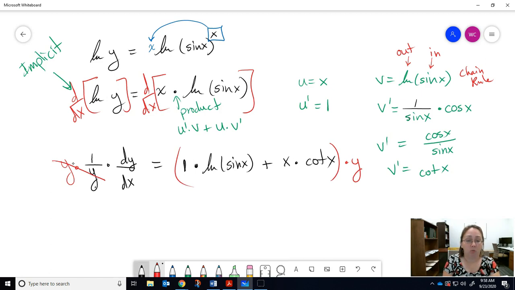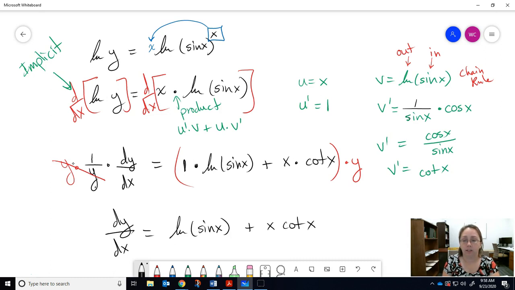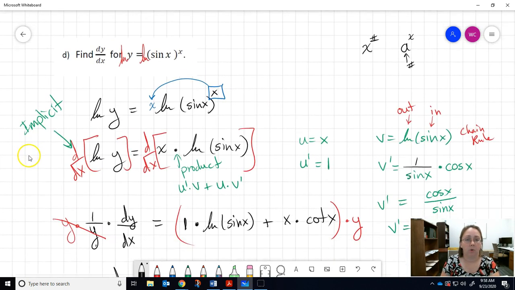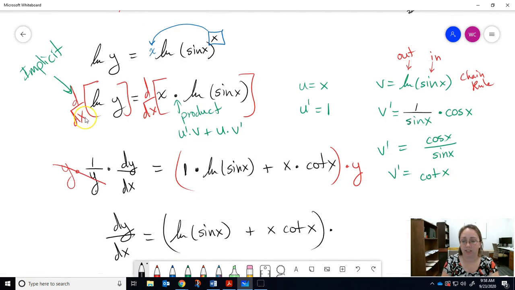Remember, we have it in our original question, so we can bring the y in to our answer. So ln of sine of x plus x cotangent of x, all of this times our original y, sine of x to the x.